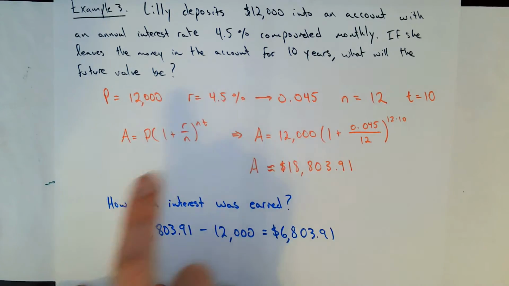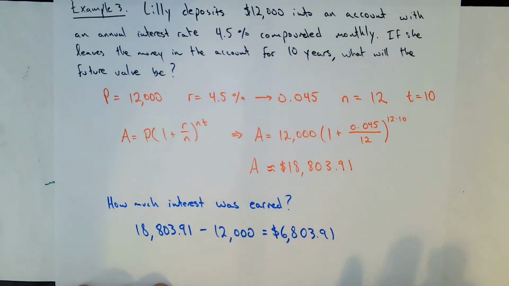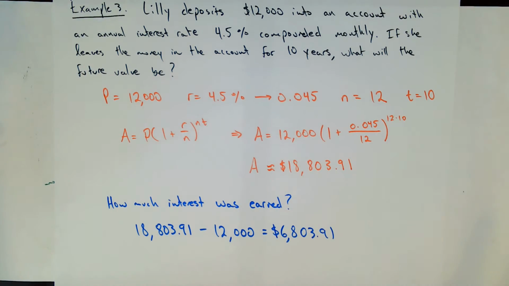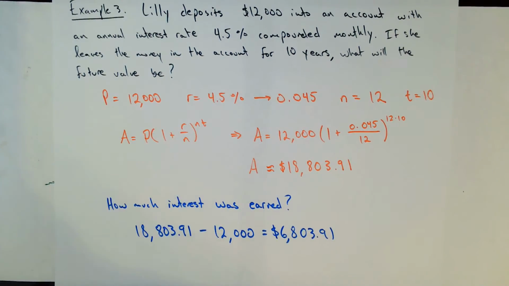How much money will actually be in there? It's kind of interesting to know how much interest was earned, but that's just kind of a bonus thing, right? In real life, you're going to want to know how much money is going to be in my account, right? That's the more direct question. And we have a formula right there for that.